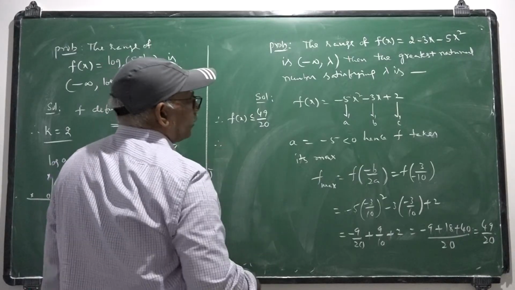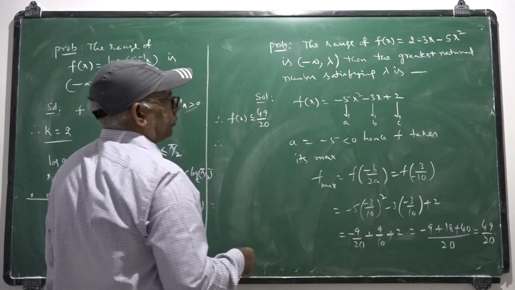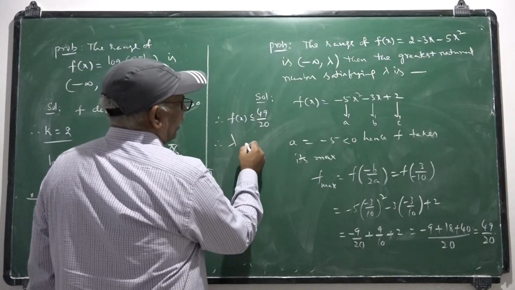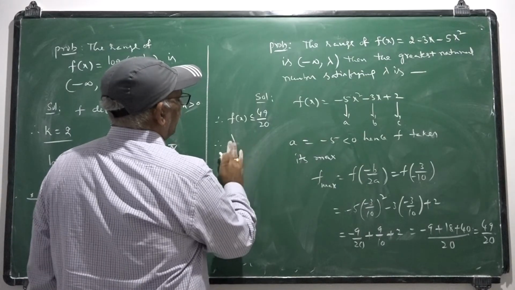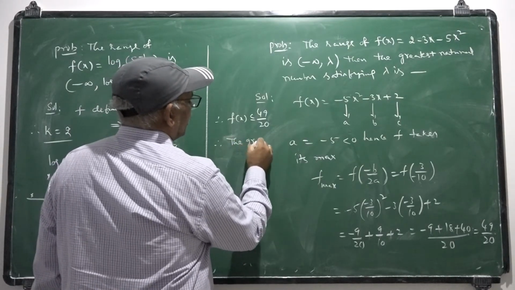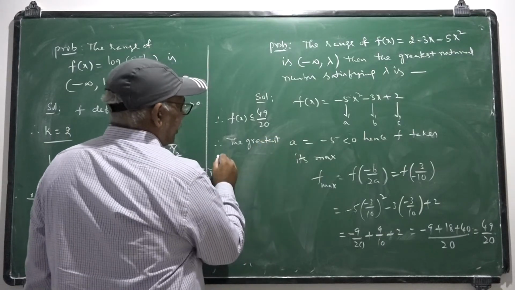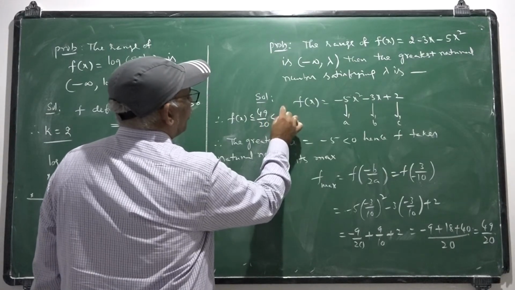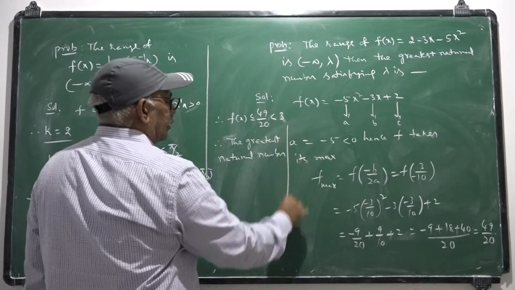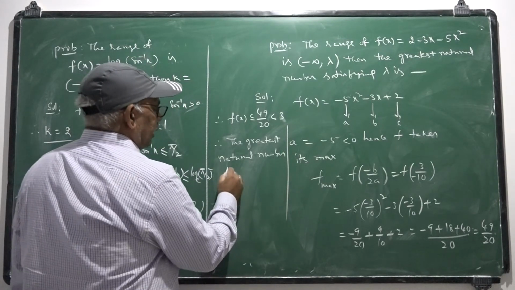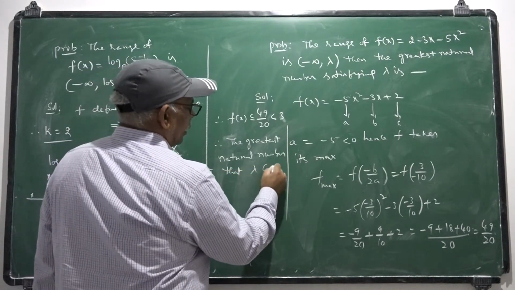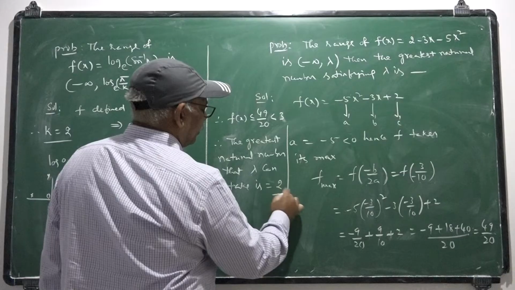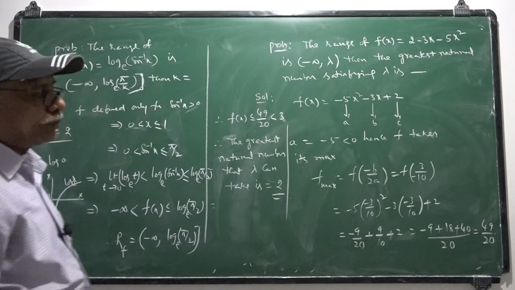And the functional value is less than 3. So the greatest natural number that lambda can take is equal to 2, because f(x) is less than 3.